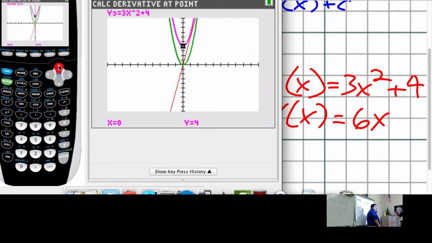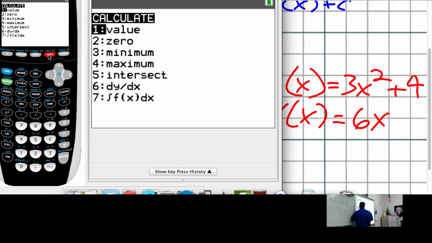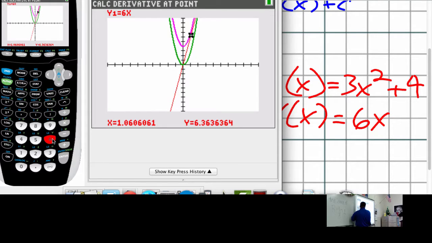We would plug it in: 6 times 1, so the slope is 6. On this curve x equals 1, y equals 7. Now if I do the same thing with the other function, the original one, and put in 1, it has the same derivative, which means the same slope at that point, but it's a different x, y.